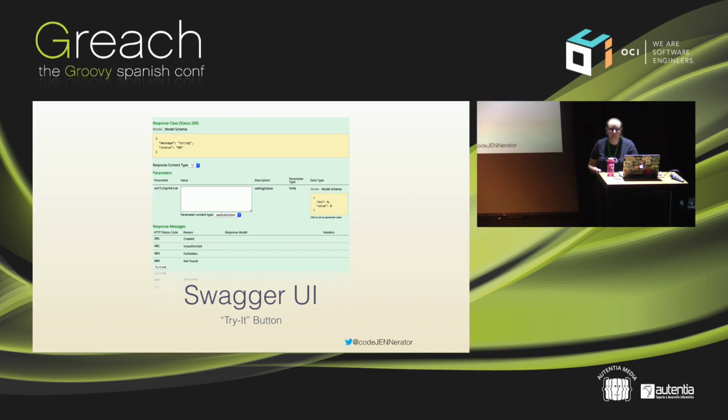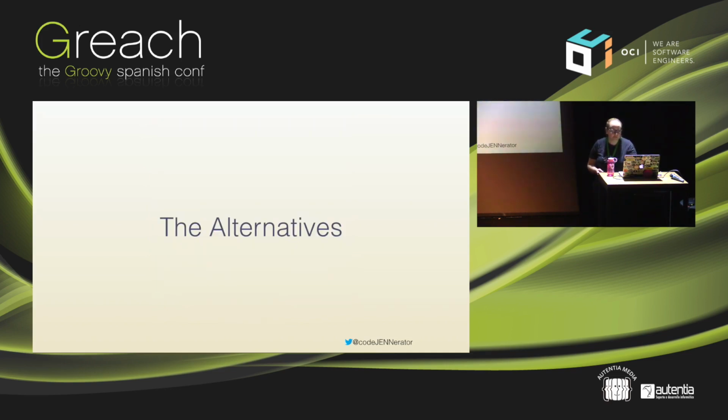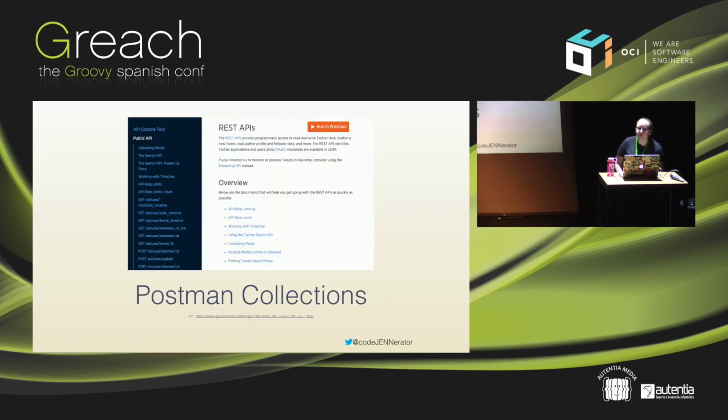But that's not the end. There are some alternatives to using the try it button, and the first one is to include a Postman collection. Postman collections are a group of endpoints that you can run in Postman, and it saves a bunch of defaults and things.